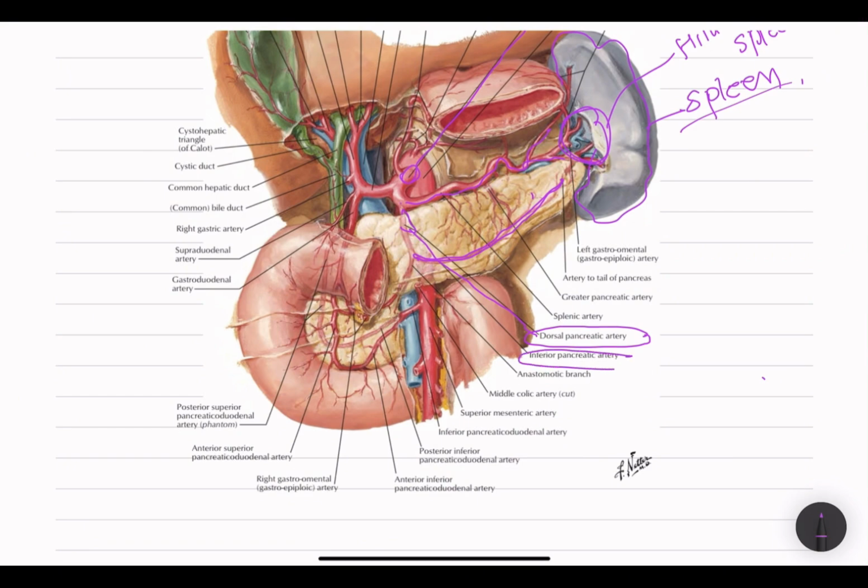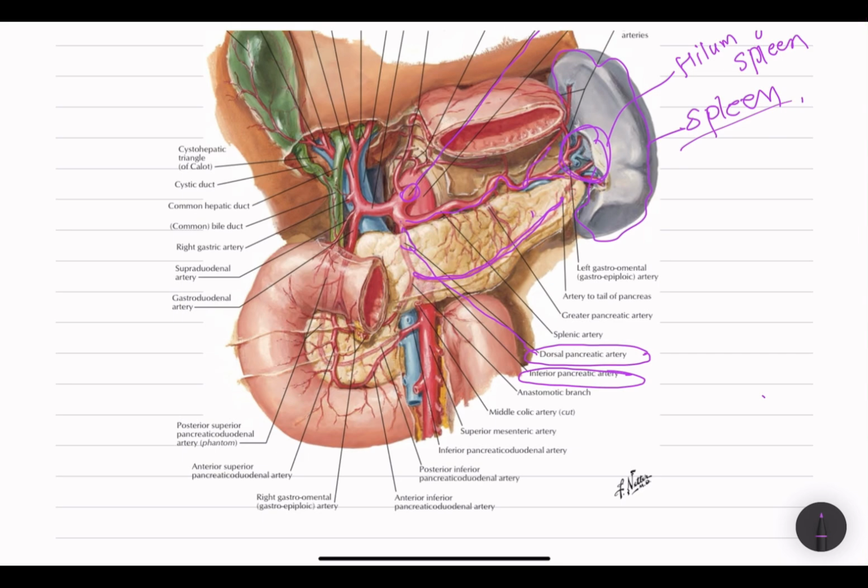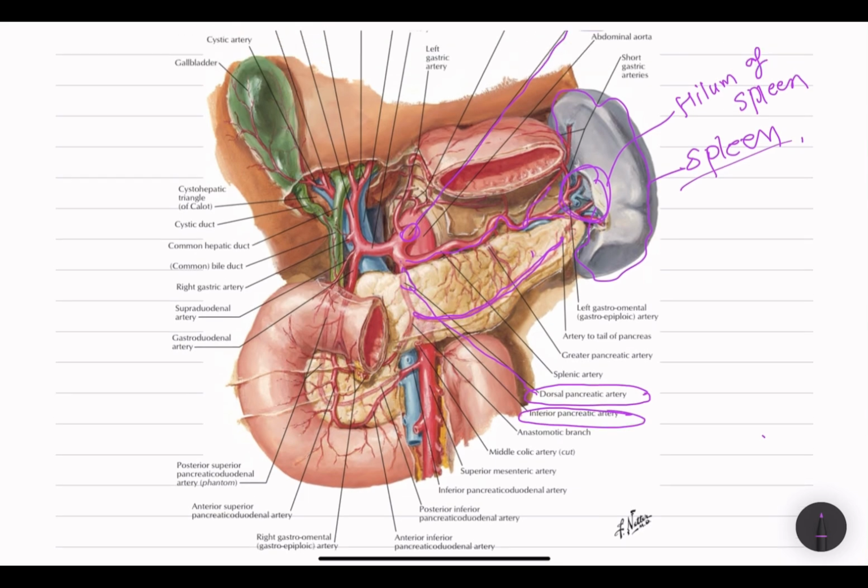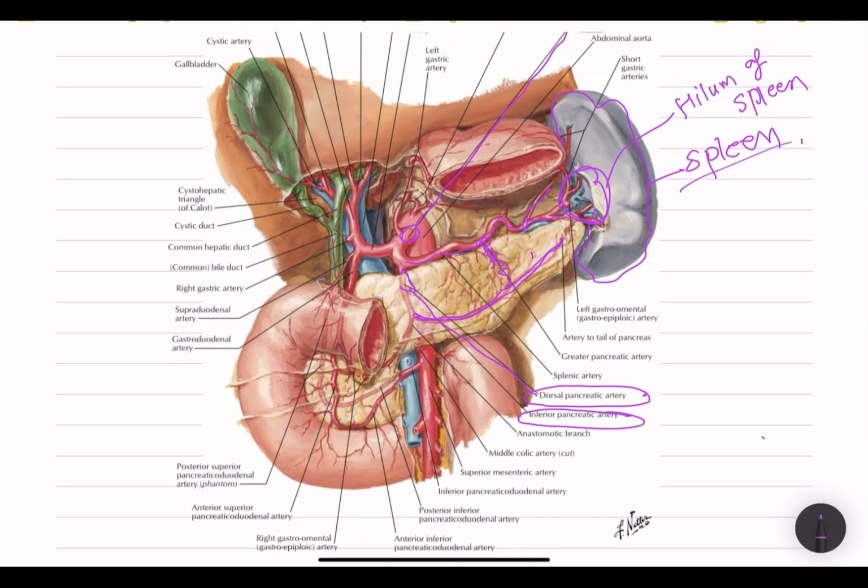You can see the inferior mesenteric artery. And the same, from the splenic artery and from the pancreatic artery, it anastomoses, and from the greater pancreatic artery.